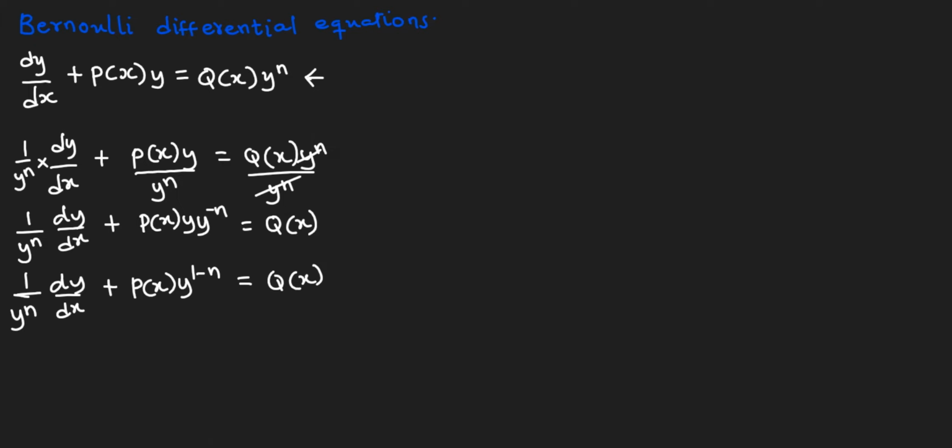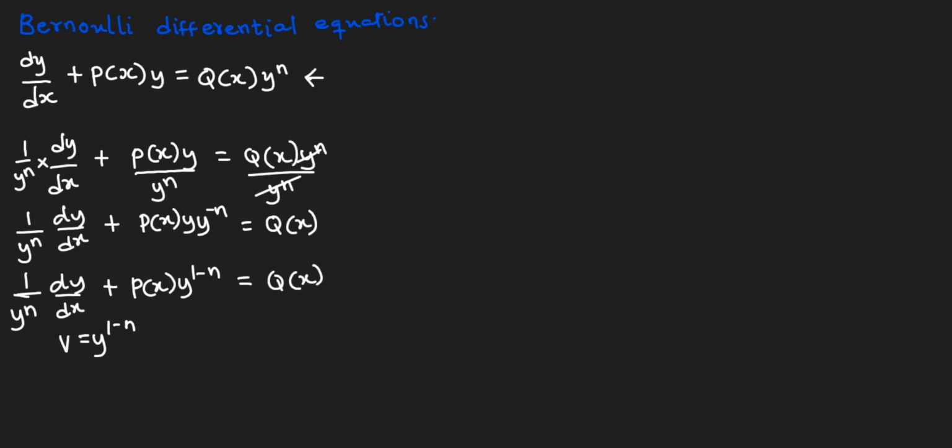At this point, we are going to change the dependent variable from y to v, and our v will be equal to y to the power 1 minus n. Whenever we see y to the power 1 minus n, we can put our v there. But we also have dy/dx here, so we will have to change that to dv/dx.